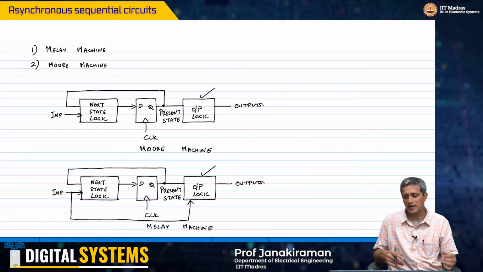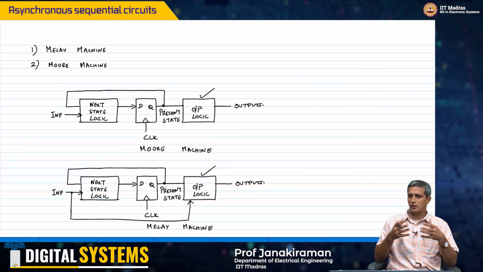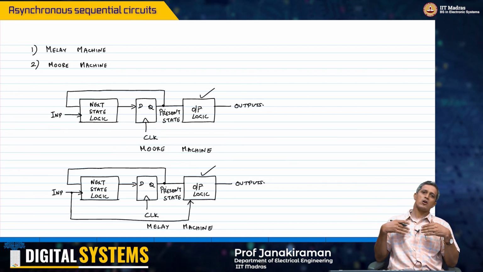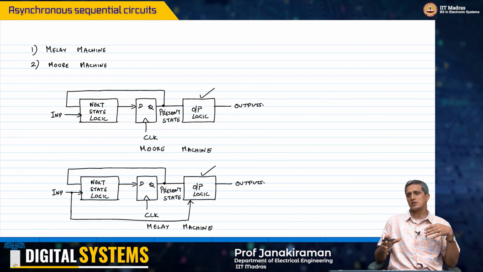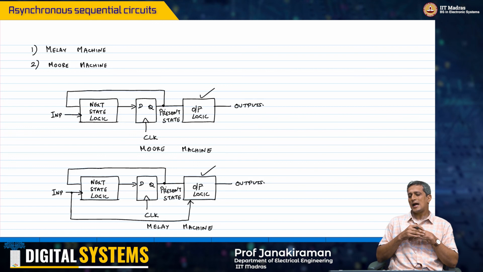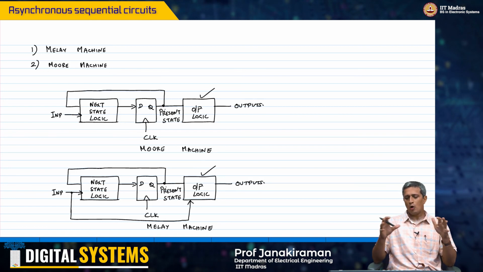So that is something that you will encounter in future. Depending on whether you want to do something synchronously or asynchronously, you will have to deal with these different things. And for now I will just leave it at the Mealy machine.